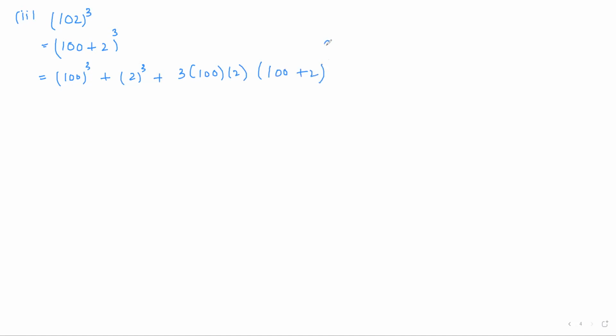So I'm using this identity. (a plus b) whole cube is equal to a cube plus b cube plus 3ab into (a plus b). So I've written in this form. Now open the bracket. 1000000 plus 2 cube is 8 plus this is 3 into 6, 3 into 2 is 6 and 600. This is 102.